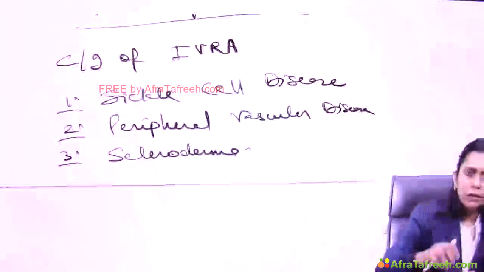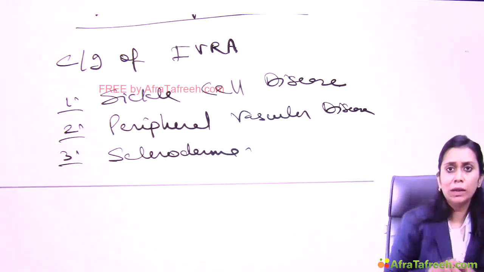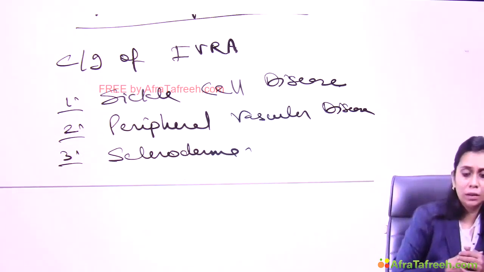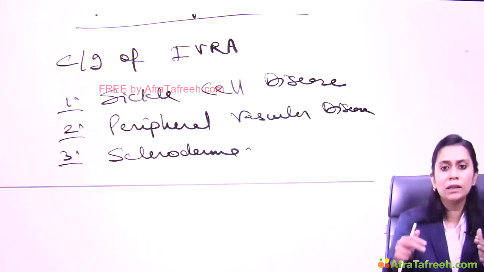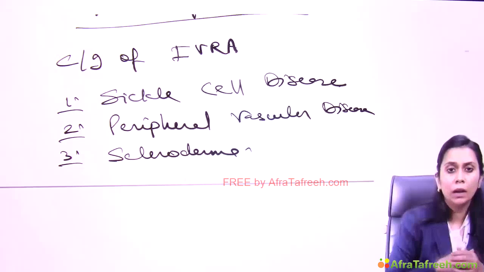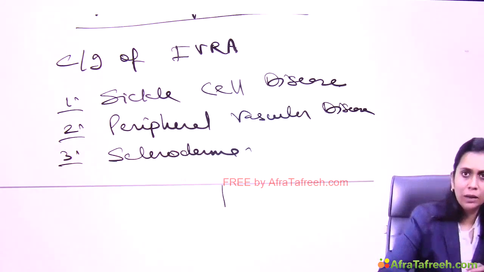Guys, local anesthetic, I told you, can be associated with systemic toxicity. So for every local anesthetic, there is an upper limit beyond which we cannot use it even locally. And you have to memorize the maximum safest limit of lignocaine with adrenaline we can use for a block, and alone we can use for a block. It's very commonly asked in exam.